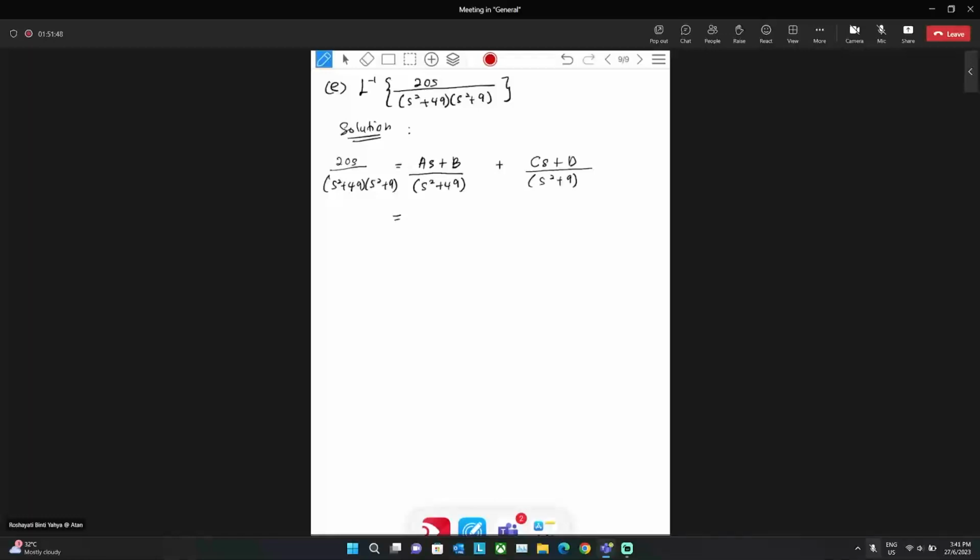So 20s equal to (AS plus B) multiply (s squared plus 9) plus (CS plus D)(s squared plus 49).